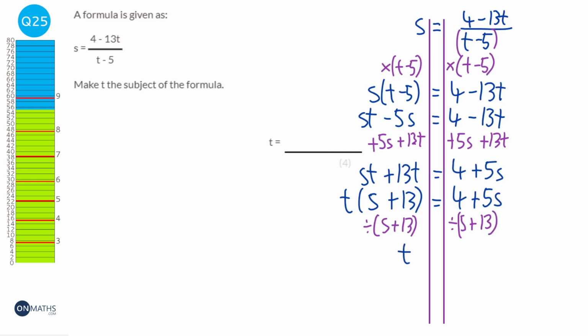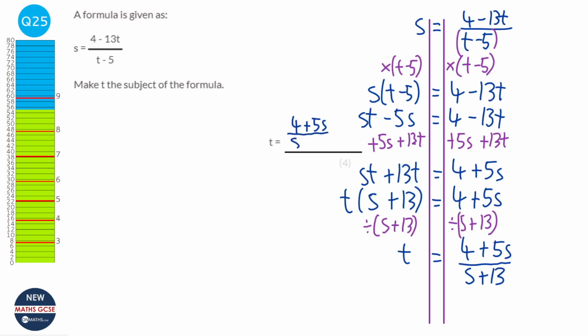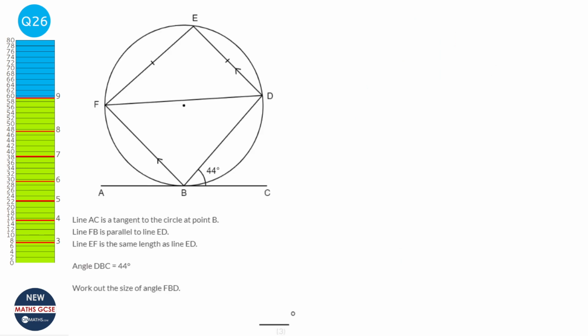And so we're left with t equals (4 plus 5s) over (s plus 13). So our answer is 4 plus 5s, all of that over s plus 13. And it can be either way around, so I could have 5s plus 4 over 13 plus s, or anything like that.